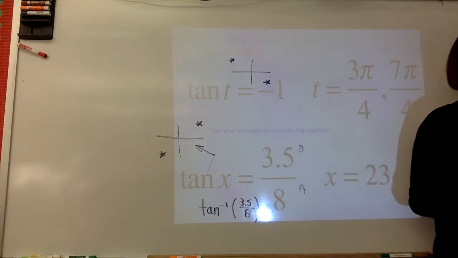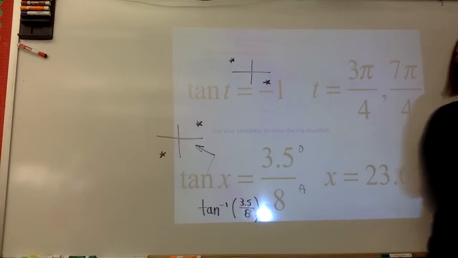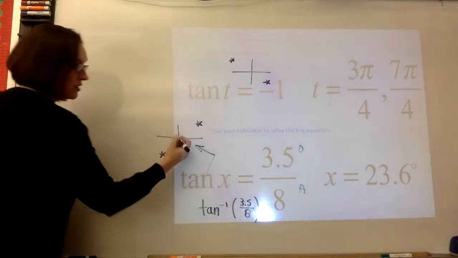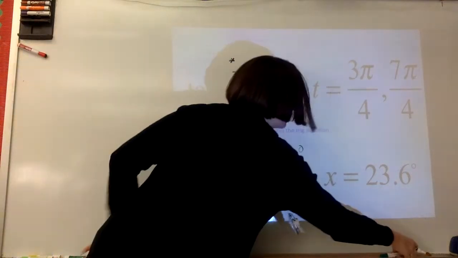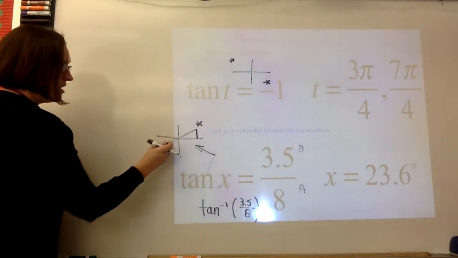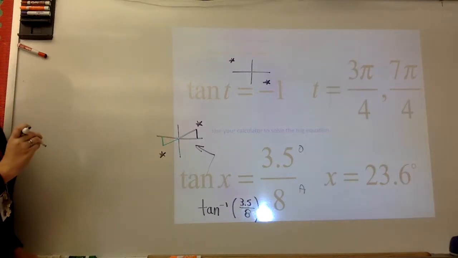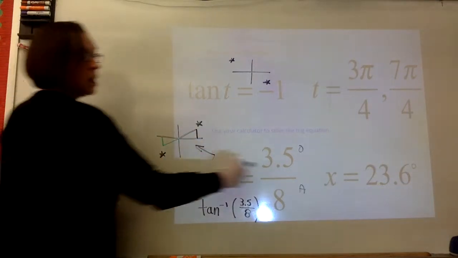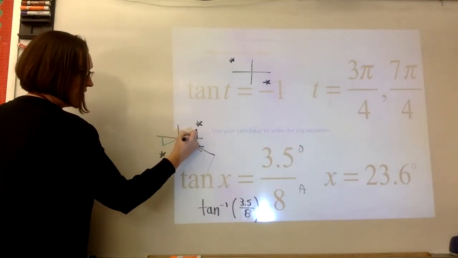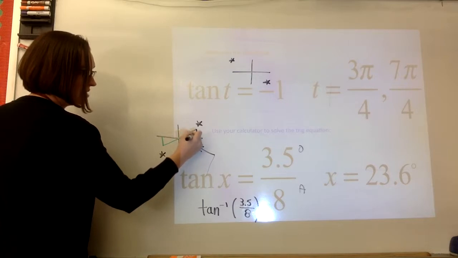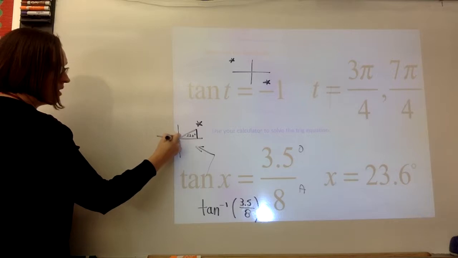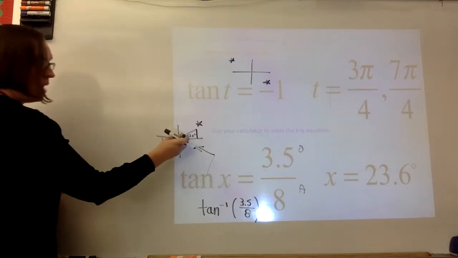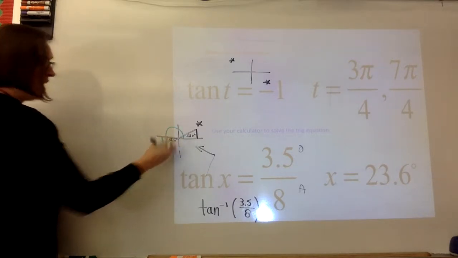When we use inverses, they're only defined for acute angles. So we're talking about the reference triangle here, but we also have a reference triangle, which I'm going to draw in green, that exists in quadrant 3. So I know the size of this angle is 23.6 degrees. Well, guess what the size of the angle over here is? 23.6 degrees. But I want to know what this entire value is.